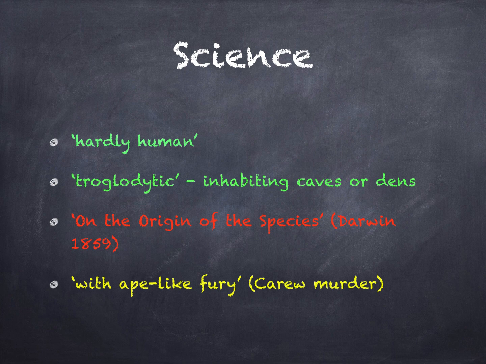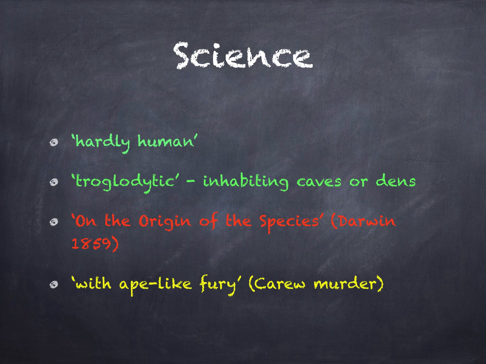Now, in terms of context, we can then refer to Charles Darwin, who was writing in the middle of the 19th century, and he wrote about the concept of evolution. He made the suggestion that man had his origins in ape-like or monkey-like beings. Obviously, this was problematic for Christians who believed in the creation story in the Bible.